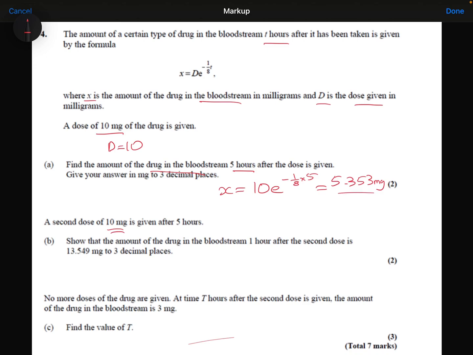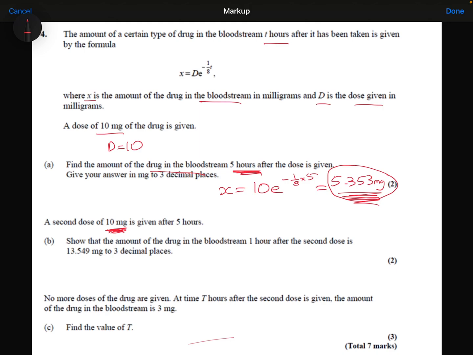But there is still this amount from the first dose left in the bloodstream. Remember that this was the amount of the drug left in the bloodstream 5 hours after the first dose. And we have now added an additional 10 milligrams to that.